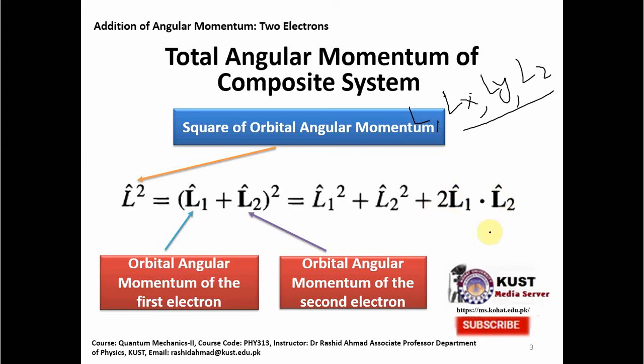Now here you can see that we have taken the dot product of L1 and L2, and since these are operators as well, this 2 L1 · L2 brings in some complications into the analysis that we will discuss later.